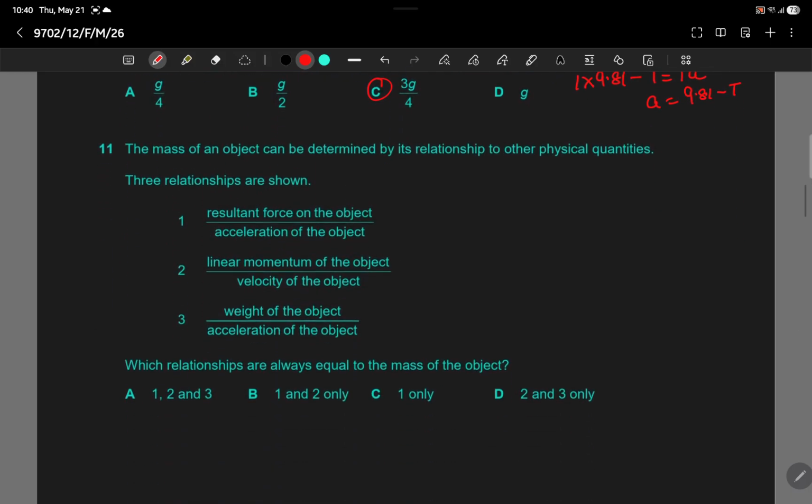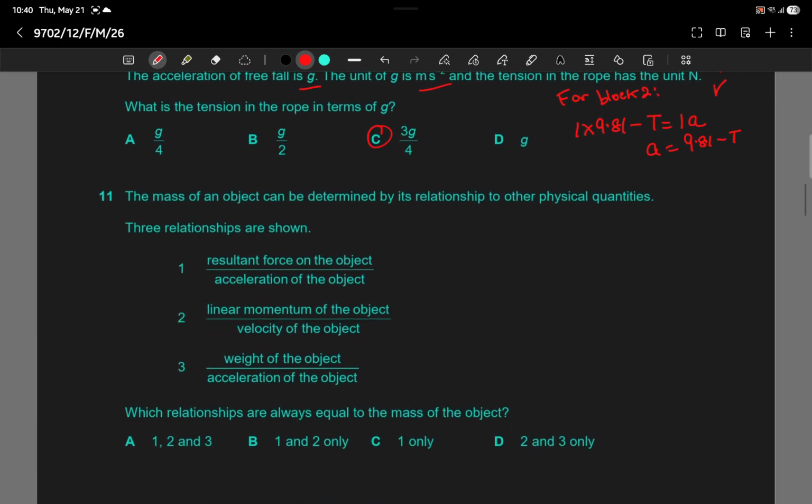Now, the mass of an object can be determined by its relationship to other physical quantities. 3 relationships are shown. Number 1, resultant force on object by acceleration of object, mass of an object, which basically means that this is actually the same as what we used before, F equals ma.